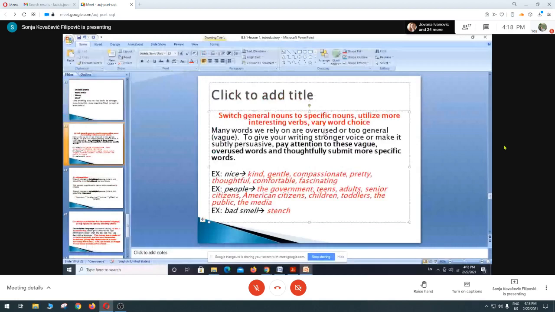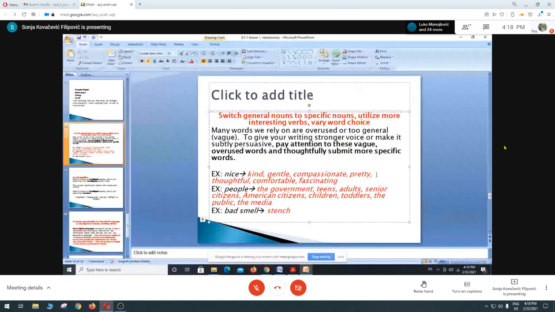Avoid "nice" in your writing. Switch general nouns to specific nouns and utilize more interesting verbs and varied word choice. So many words we rely on are overused or too general. To give your writing a stronger voice or make it subtly persuasive, pay attention to these vague, overused words and thoughtfully substitute more specific words.